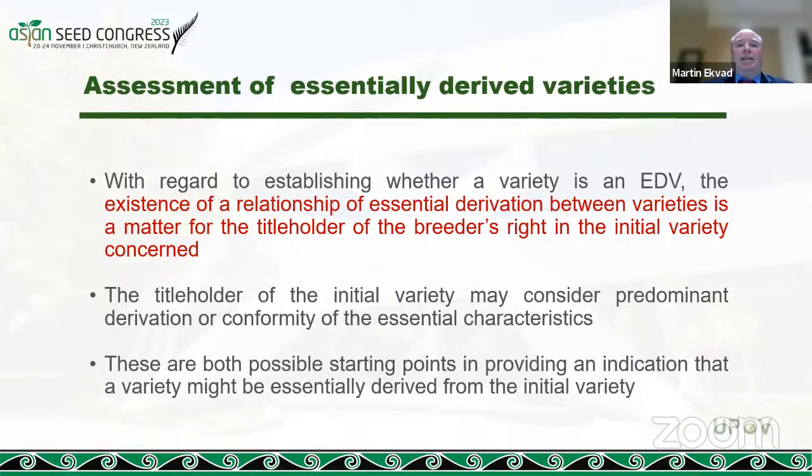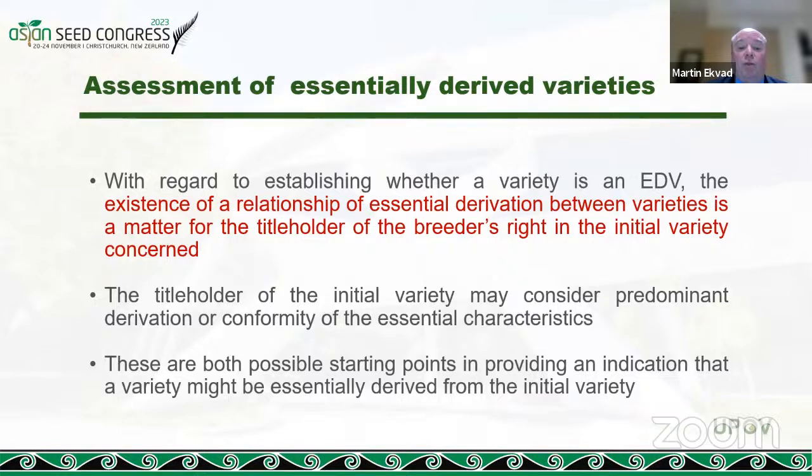So that was, in essence, briefly, some of the most important provisions in the new explanatory notes. It is also stated in the explanatory notes a little bit about the assessment of essentially derived varieties, who should decide on that. And conformity of the essential characteristics.